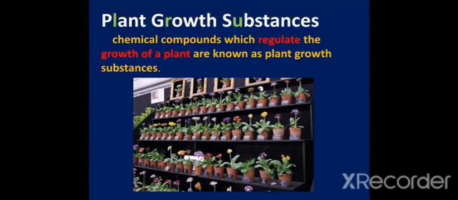So first of all, I want to tell you what is a plant growth substance. Chemical compounds which regulate the growth of a plant are known as plant growth substances.